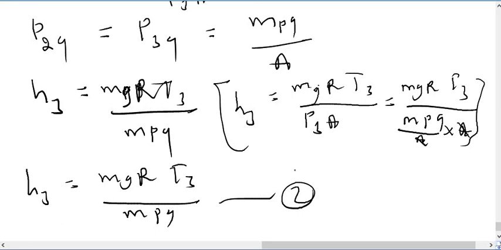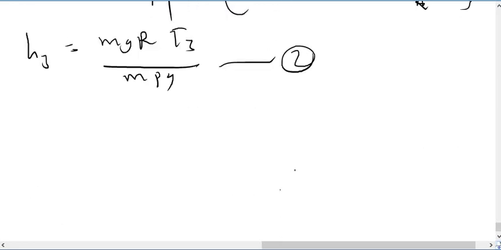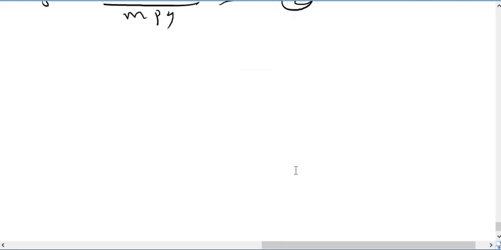So now we solve equation 1 and 2 simultaneously. We put equation 2 in 1. What will happen?